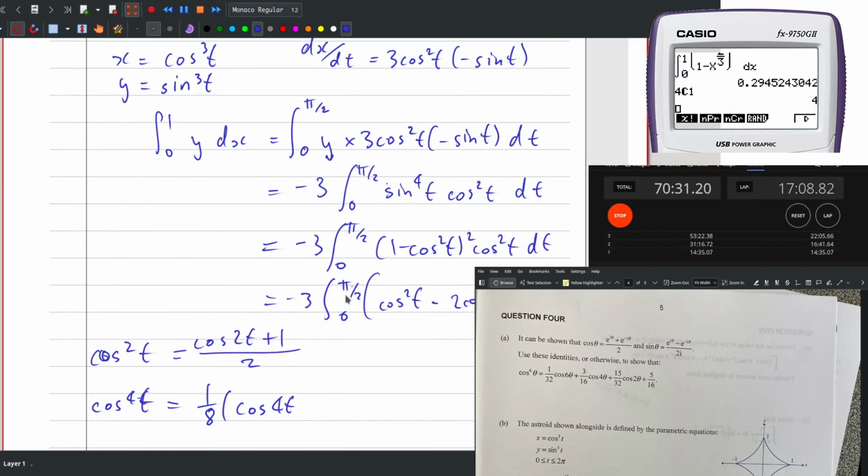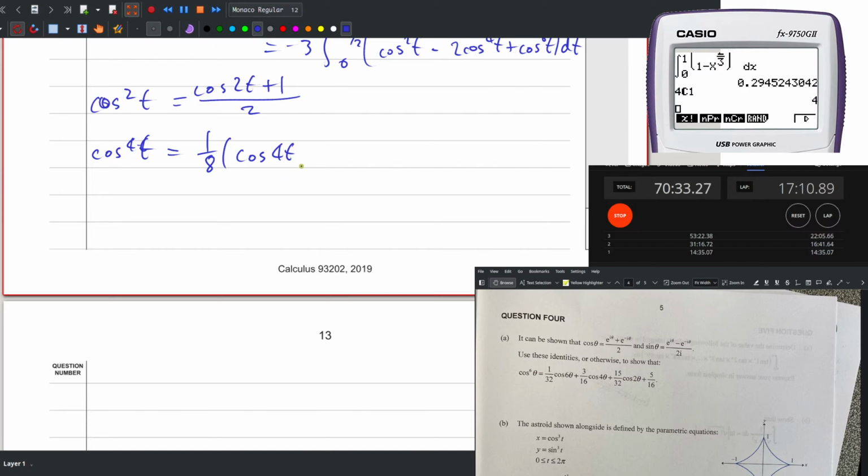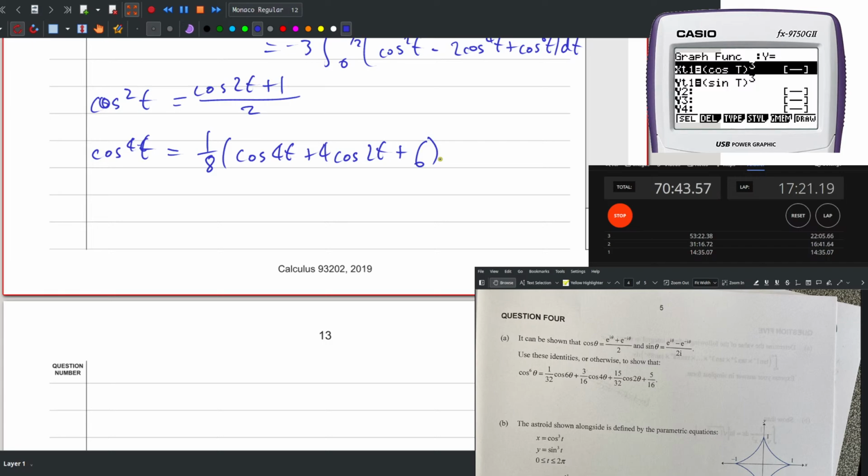So it's a half plus, then 4c2 would be 6. That doesn't seem right, but let's just see how it goes. Cos 4x plus 4 cos 2x plus 6 cos x to the 4th.